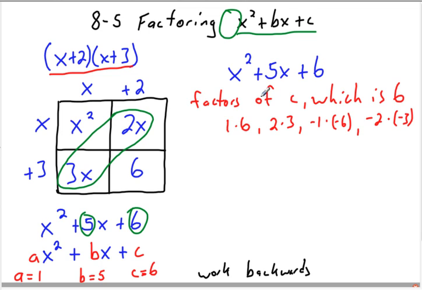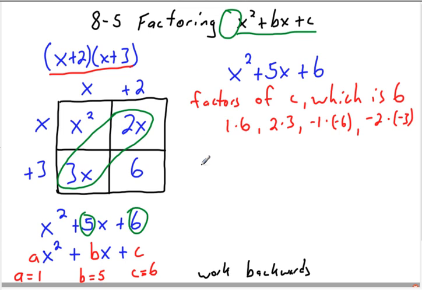Okay, now how did we get this 5x? Well, it was the addition of these two terms here, which came from this 2 and this 3. So essentially they were added. We want the factors, the 2 and the 3 that got us 6, to add up to be 5. So we want addends of b.